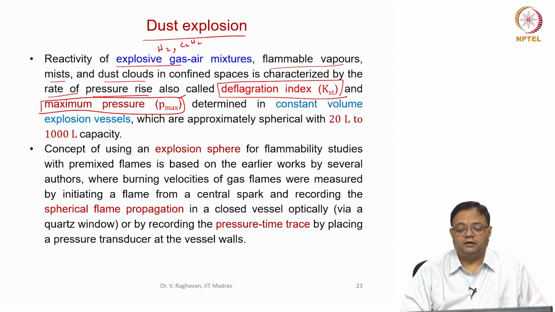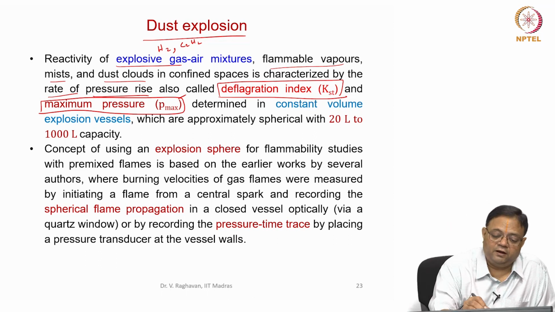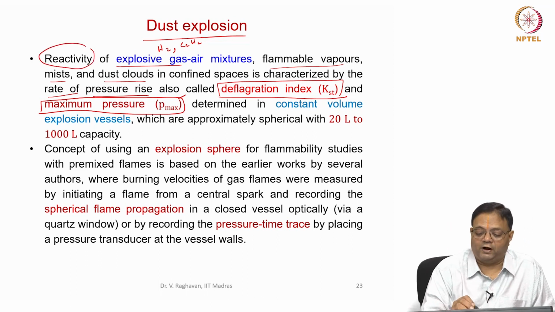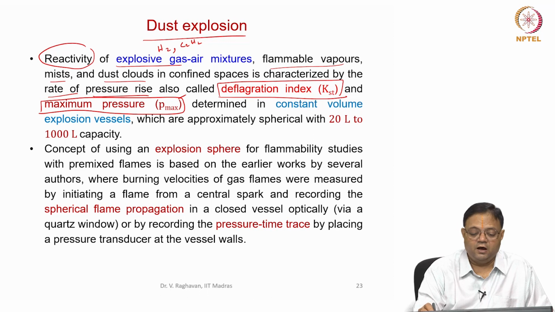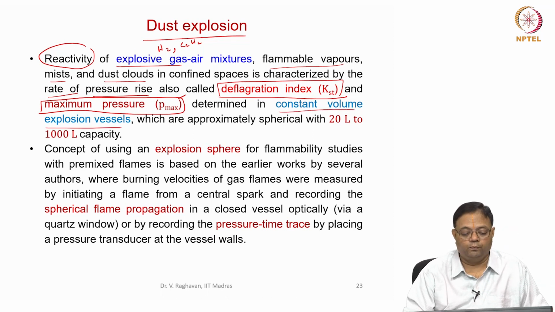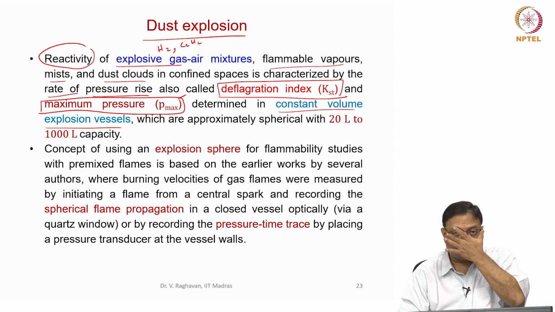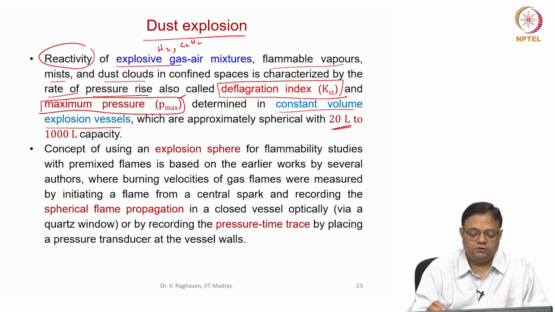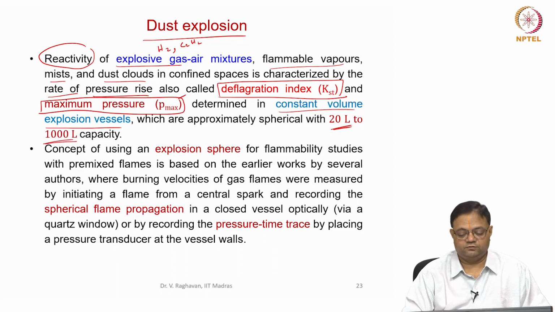Okay, now this reactivity, which is a combination of these two factors, deflagration index and the maximum pressure, is determined by conducting experiments in constant volume explosion vessels, with capacity starting from 20 liters to as high as 1000 liters.